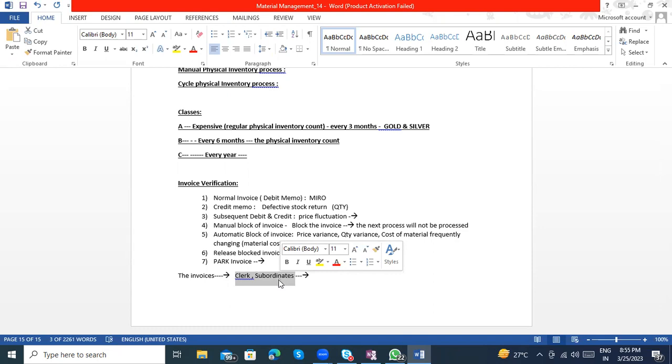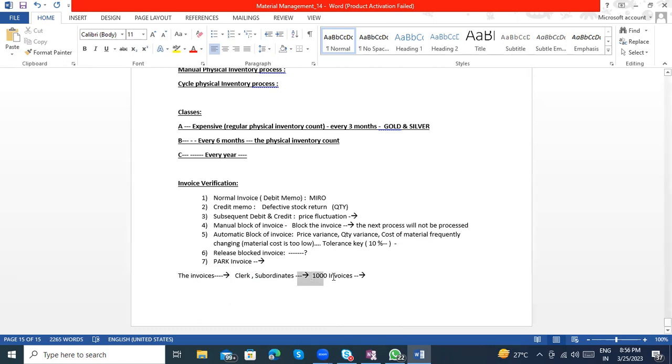Clear? Because entering the vendor invoices manually takes time. Suppose today I received 1,000 invoices. If I give them to the manager to validate and enter each one, checking every material number, PO number, price, and tax code manually, it will take a long time and other activities will be delayed.